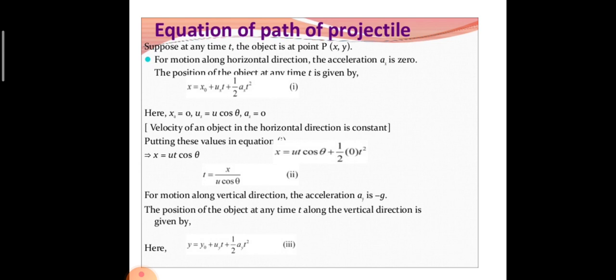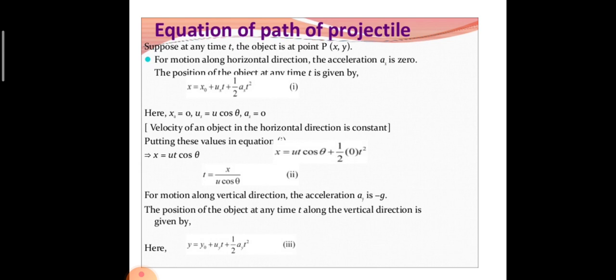That is, the projectile is starting from the origin. So, x0 is equivalent to 0, ux is equivalent to u cos theta as we had discussed, and ax is equivalent to 0. Substituting these values, we get x is equivalent to ut cos theta, or t is equivalent to x by u cos theta.